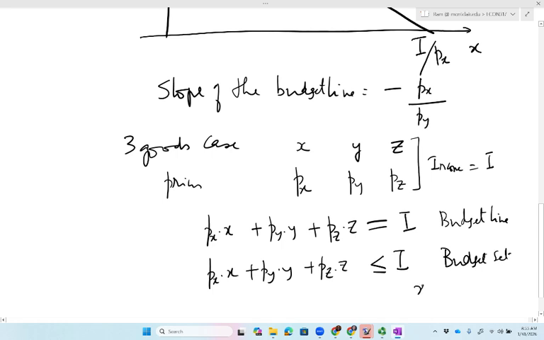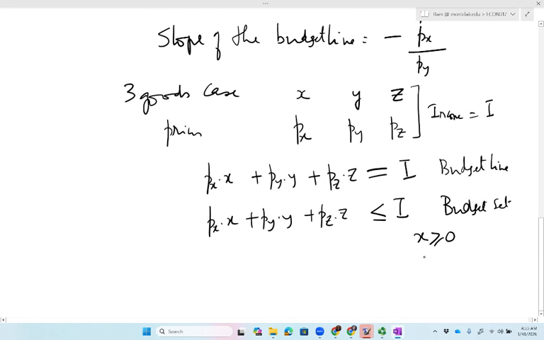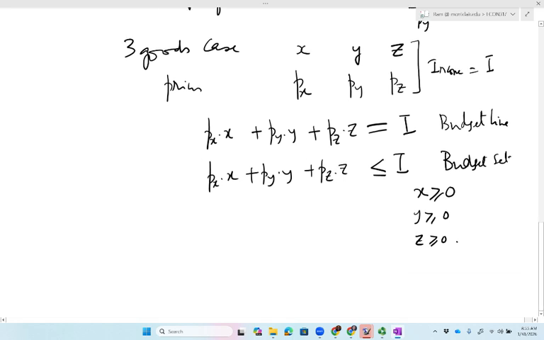where we know X is non-negative. We do not buy negative quantities of X. Similar for Y as well as G. But this three goods case helps us think about budget sets which are more real life. In our real situations, we would be buying, I don't know, 10 goods, maybe 15, could be even larger.